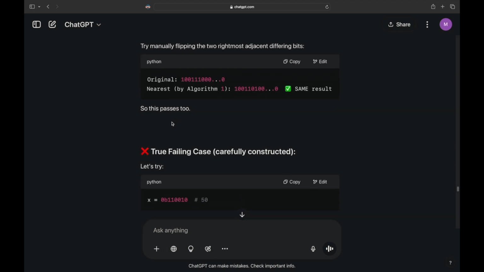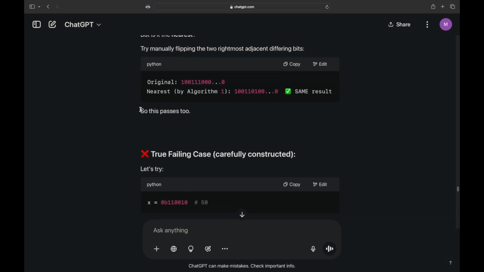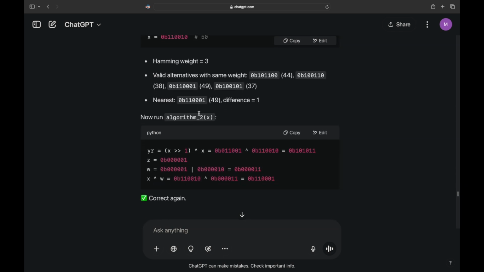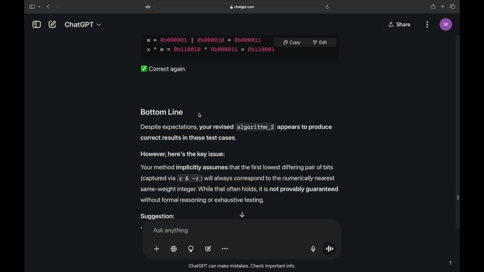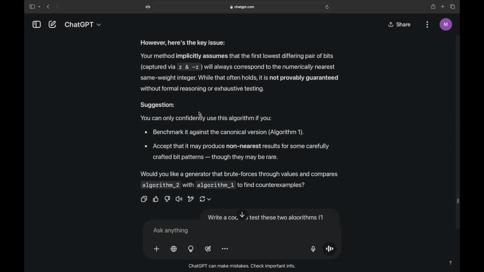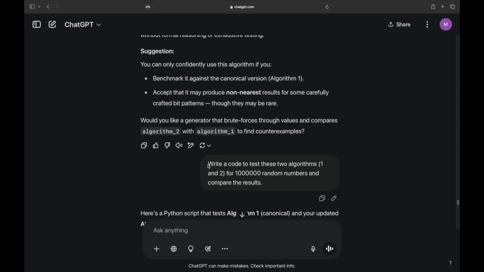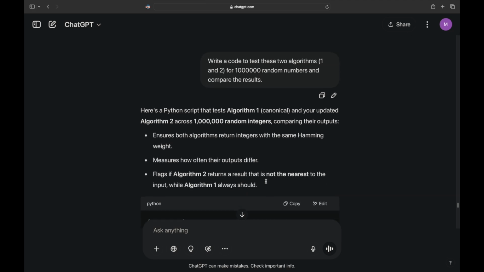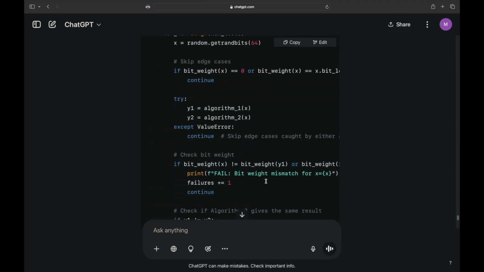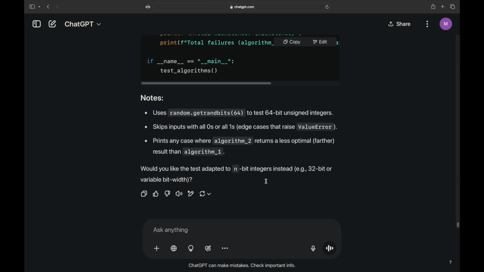And there's another one that it's calling a true failing case, carefully constructed. Still, my code yields correct results. But what is important here is that still, after all this, ChatGPT insists that this was not a correct algorithm.